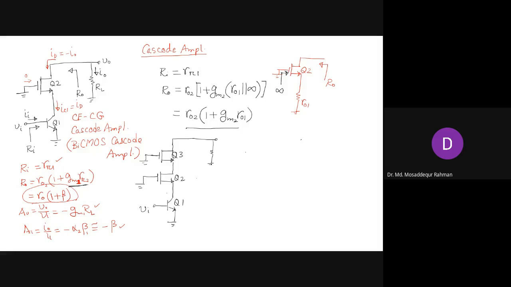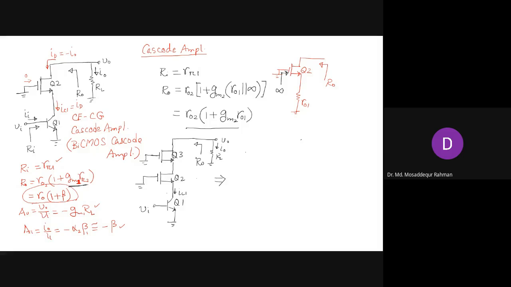So it is possible to have a circuit like this. What will be the output resistance? In this case there is no change in the current, because the same current flows, since the current here is 0. So the voltage gain, current gain, and input resistance all remain the same. Only the output resistance changes.